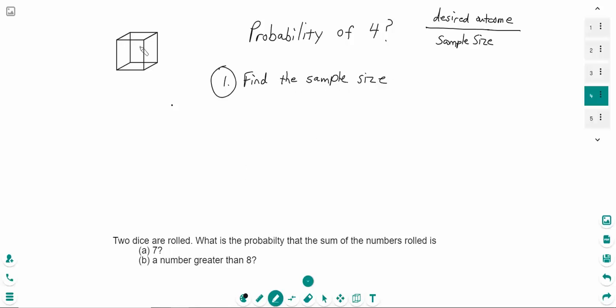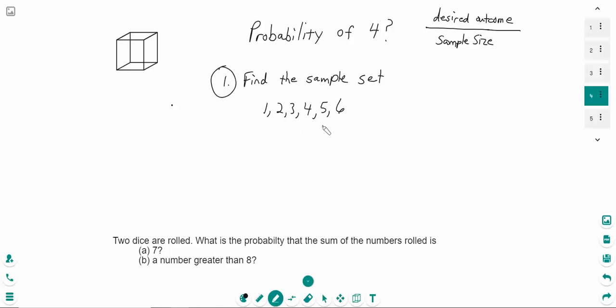So if we have a die, what's the sample size? Well, it's the 6 sides of the die. So the sample set is 1, 2, 3, 4, 5, and 6. Actually, I'm going to change that, I think that makes it a little bit more clear: find the sample set.